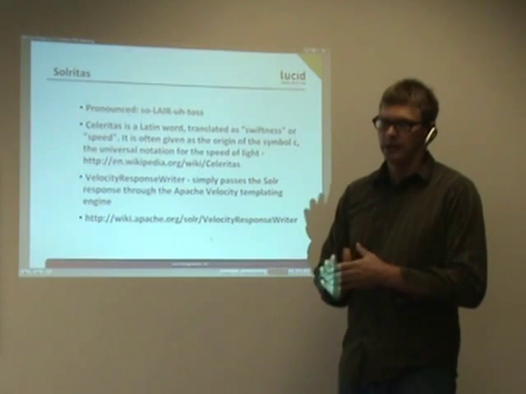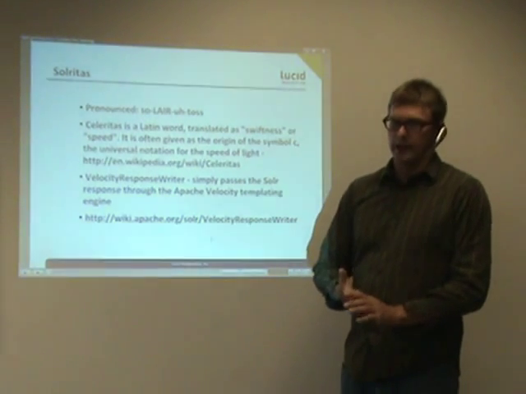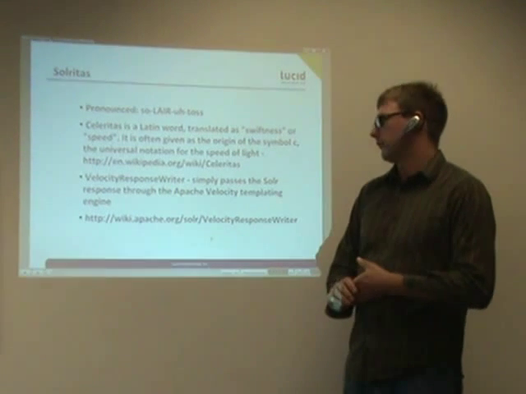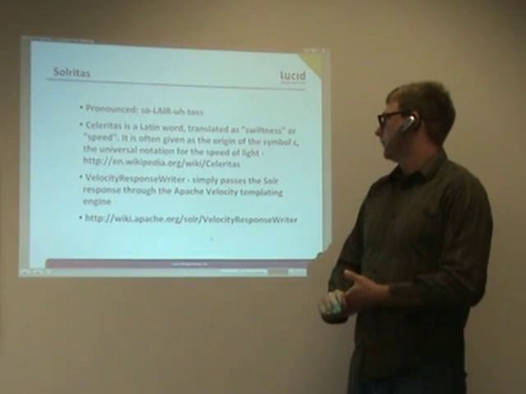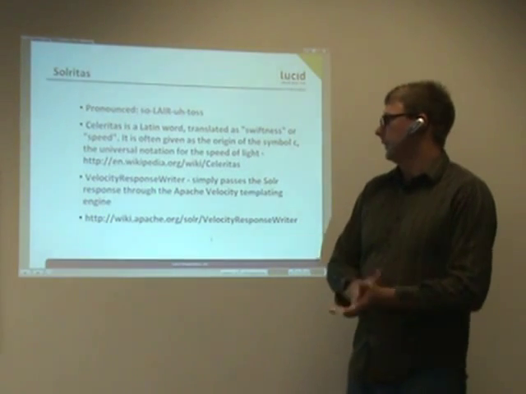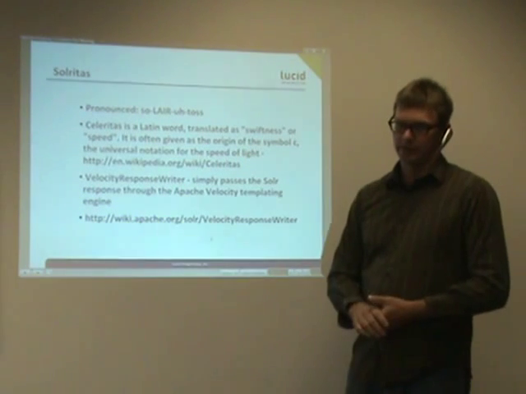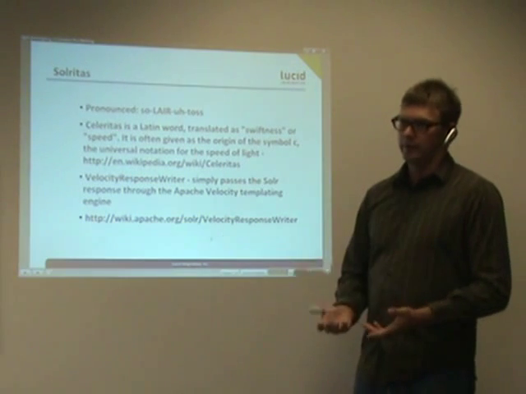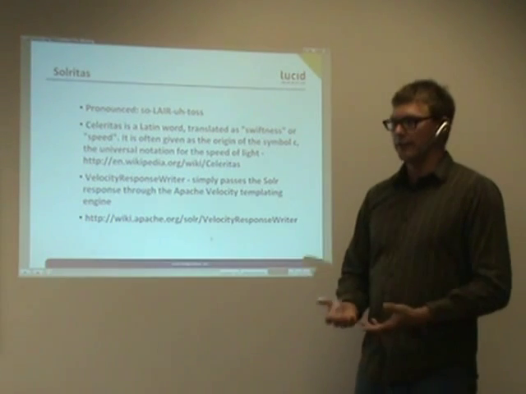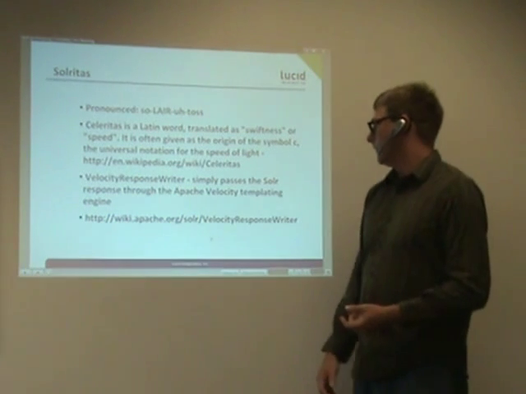All right, so how did that user interface get generated? It got generated using the velocity response writer. It's got a funky name based on the Latin word celeritas, and so we call it Celeritas. The reason is that celeritas means, in Latin, swiftness or speed, and it's the reason the speed of light is represented by the letter c in equations like E = mc squared.